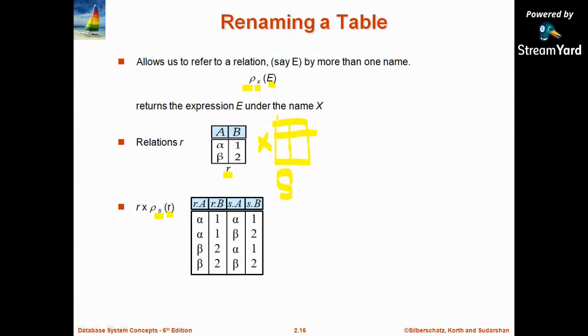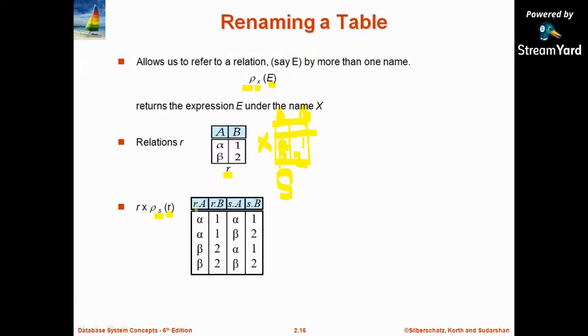Renaming means the data is going to be the same. So you have A and B, and with A and B you have alpha comma 1 and beta comma 2.